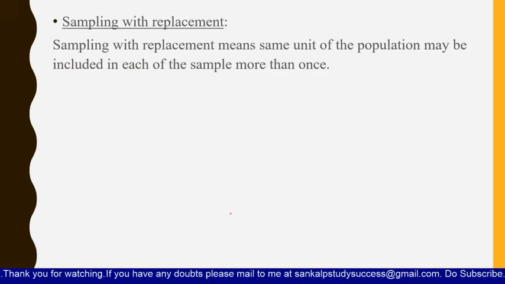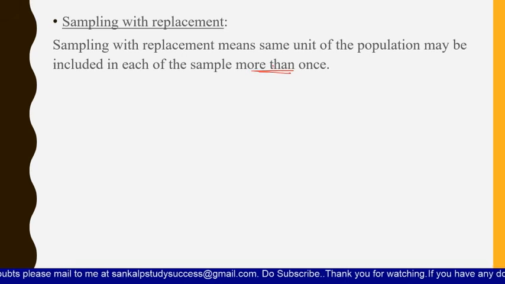Now let us see what is sampling with replacement. Sampling with replacement means the same unit of population may be included in the sample more than once. That means we are again and again replacing it. Let us take an example.